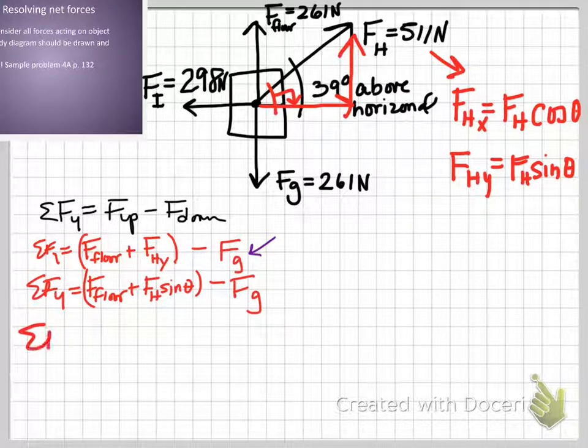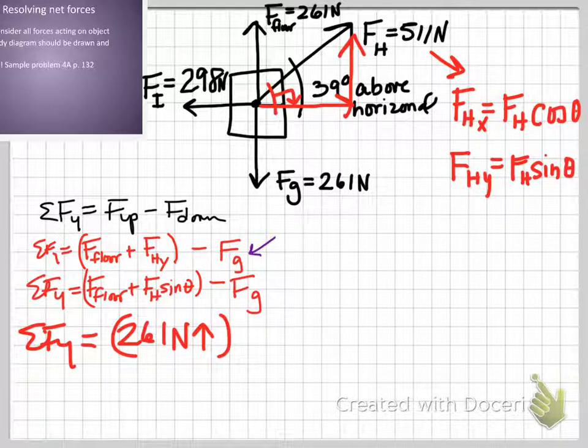And I have sum of forces on the y equals, well, force of the floor is 261 newtons up, plus, and we said force of Hannah, that was 511 newtons, and I'm going to bracket that, times sine of 39.